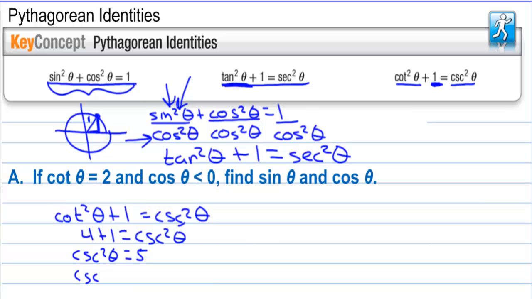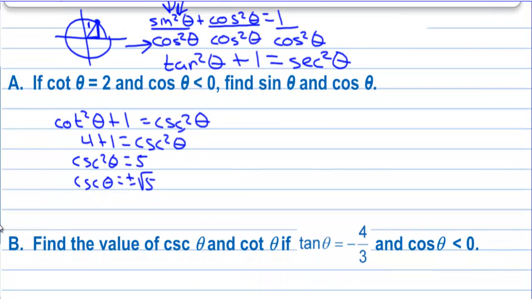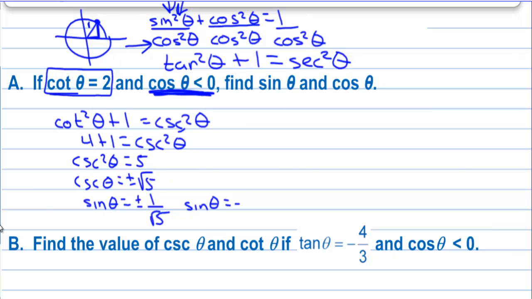So cosecant of theta is equal to plus or minus the square root of 5. Now we have the sine of theta is equal to plus or minus 1 over square root of 5. But if cotangent is positive and cosine is negative, then sine must be negative also. So the sine of theta is equal to negative 1 over square root of 5.